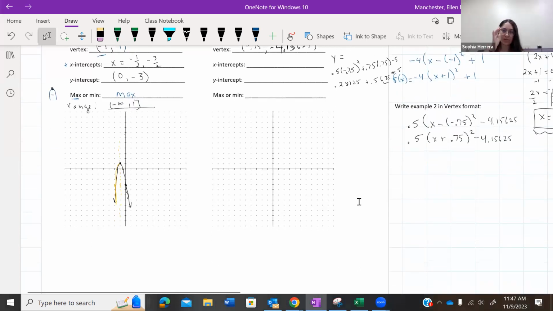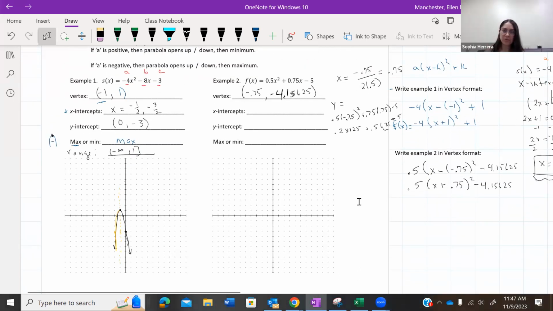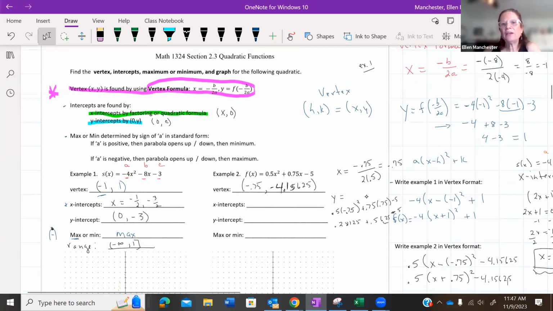Miss, I have a question real quick. So in the formula for vertex format, there's an H. Do we not have something for the H that we put inside? So remember, your H and K is the same as your X and Y. Oh, okay. Yeah.